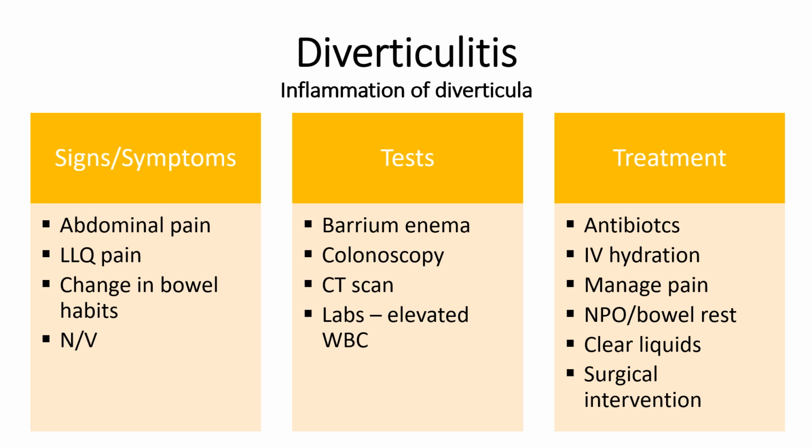Treatments: administer antibiotics, IV hydration, manage pain, NPO or a clear liquid diet, and surgical intervention to form a stoma if complications occur. Complications could be perforation of the diverticula, abscess formation, a bowel obstruction, or fistula formation.